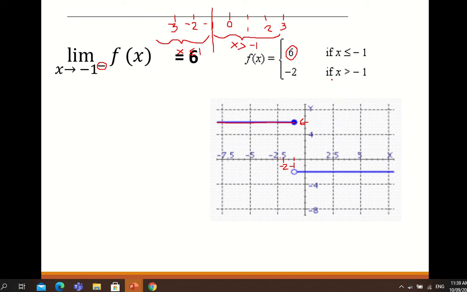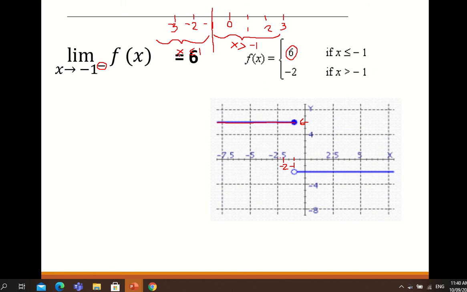Now for the values of x on this interval, x greater than -1. By the way, class, going back here, you see it's a solid, shaded part. It means that x equal to -1 is included.